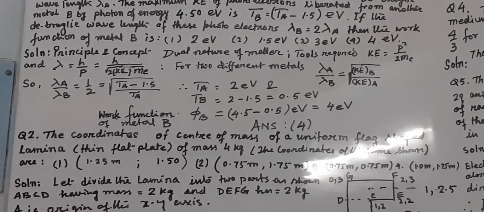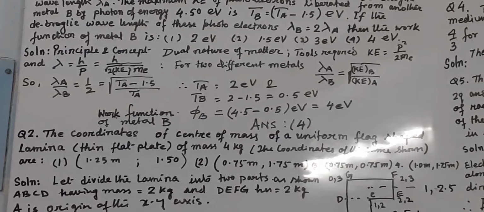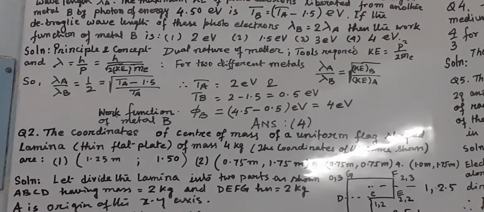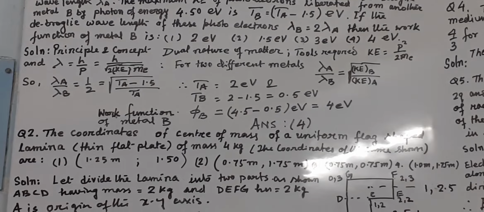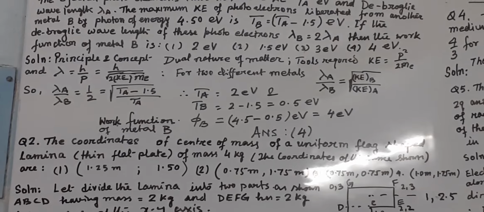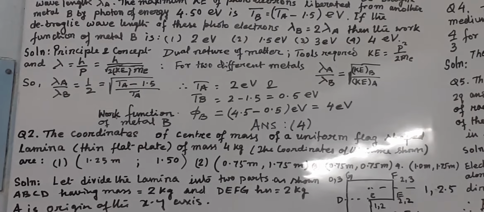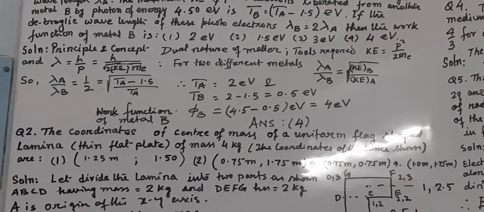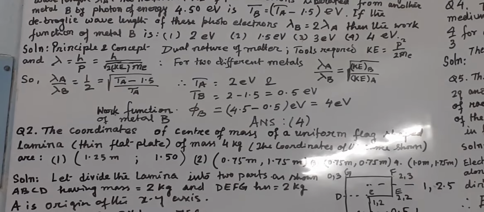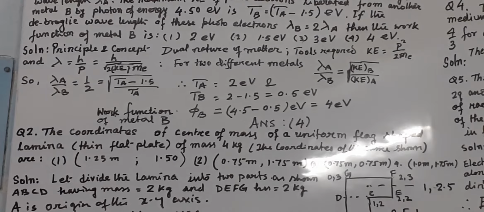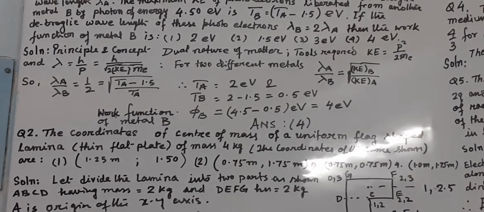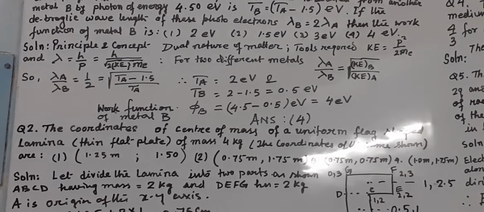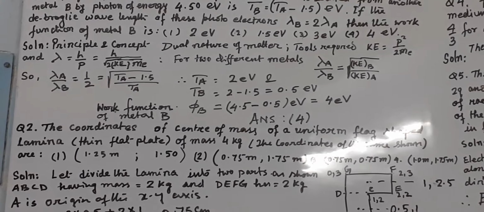Now we also require de Broglie's wavelength relation, that is lambda equal to h by linear momentum. That means if we substitute linear momentum here, it will be h divided by root under 2 times kinetic energy into mass of electron. And we know that h and mass of electron are common.